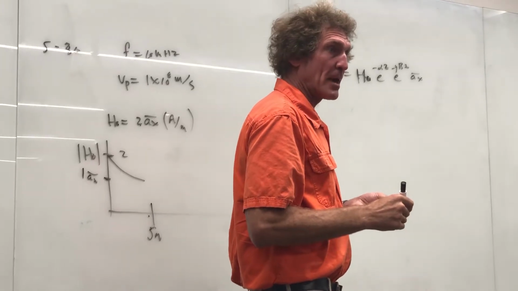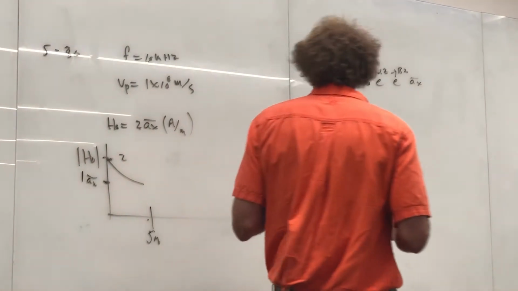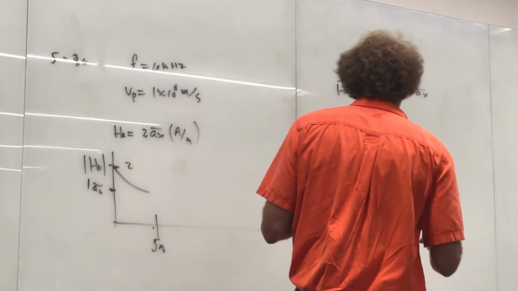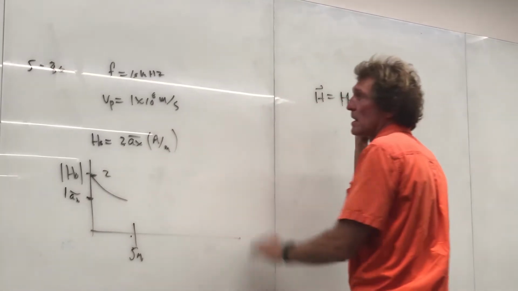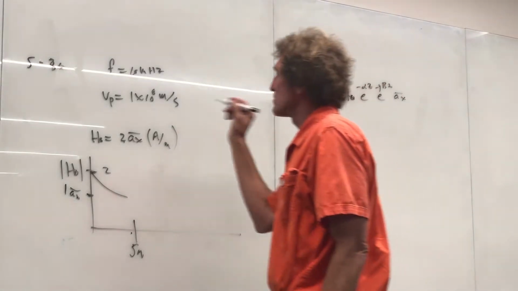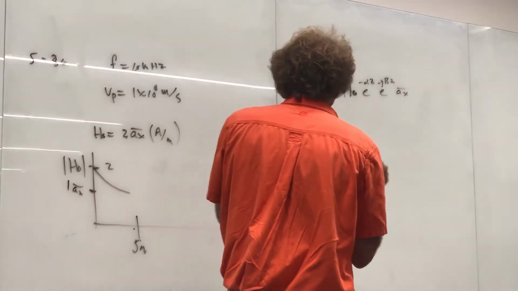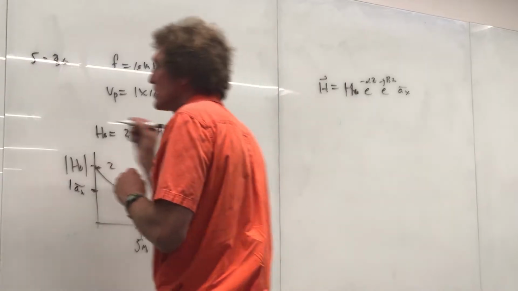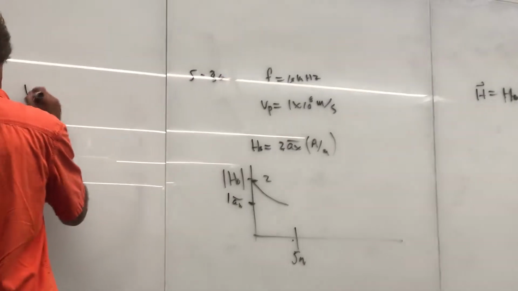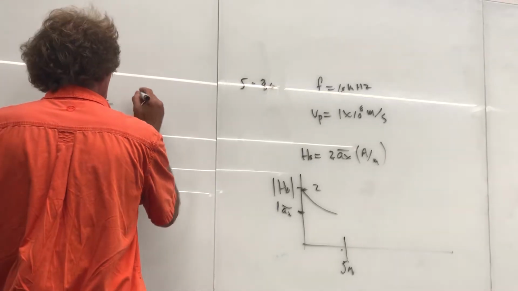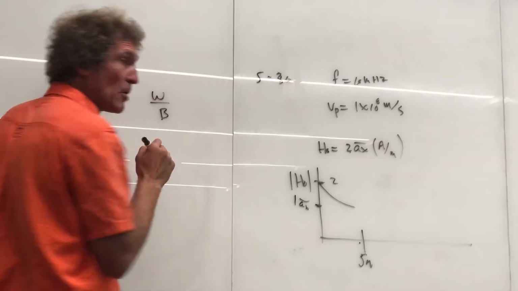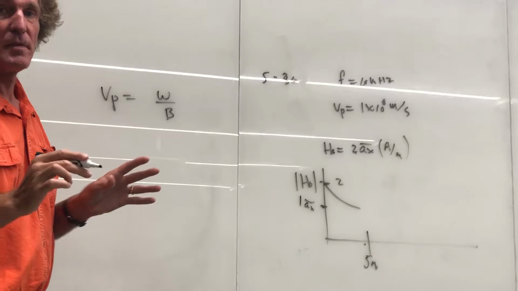Now, what he's talking about here is that he's given us a velocity of propagation and a frequency. First, I know the phase velocity is equal to omega over beta. Do y'all follow me on this? That's true in any media.